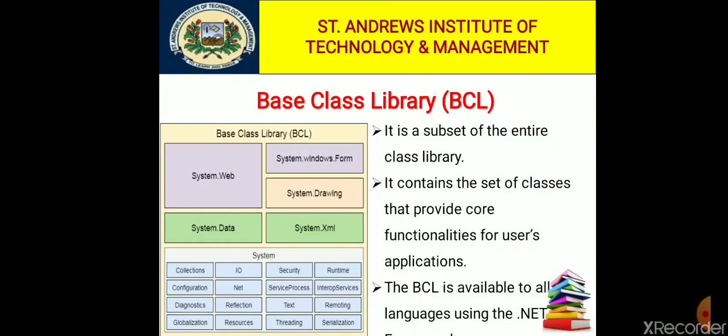So first of all, what is a base class library? The base class library is a subset of the entire class library. It contains the set of classes that provide core functionality for users' applications. Some of the classes in the base class library are contained in assemblies like mscorlib.dll, system.dll, and system.core.dll.